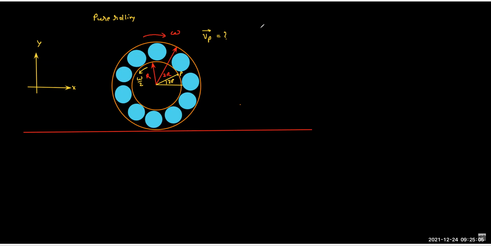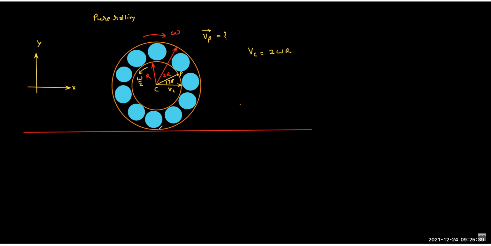Okay, so what is the constraint relation here? What is the condition for pure rolling? Tell me, guys. The velocity of the center must be equal to how much? What you need to realize is that Vc must be equal to omega into 2R.